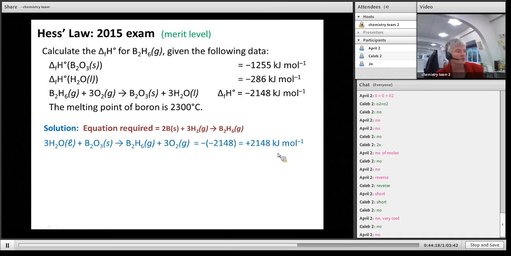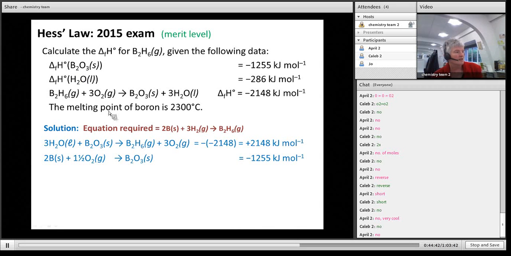And now you just go for it. So what do you want over here? Can you see I've got B2H6 on the right hand side and B2H6 on the right hand side. So what I've done is I've taken this equation and swapped it. Okay, that one I didn't have to swap, did I? No, I didn't.